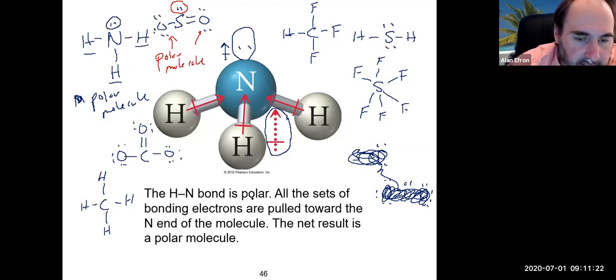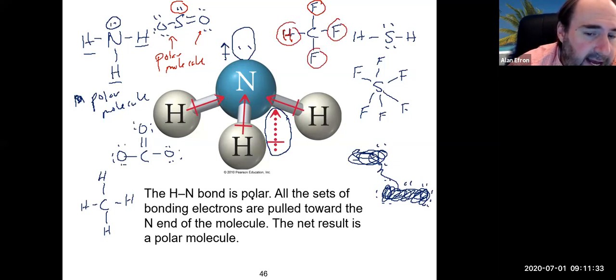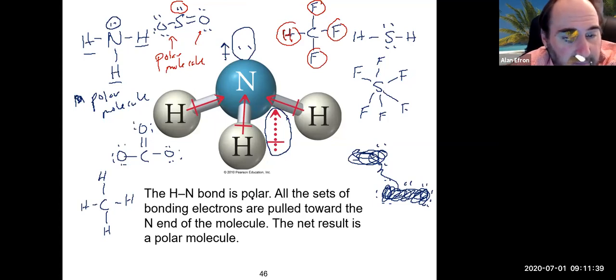When I look here, I'll make that H a little bit better. There you go. I do not see dots on the central atom, but when I look on the outside, everything on the outside is not the same. And remember that even though we don't see dots here, in order for it to be nonpolar, everything on the outside does need to be the same element. So because it's not the same element, this is going to be a polar molecule.